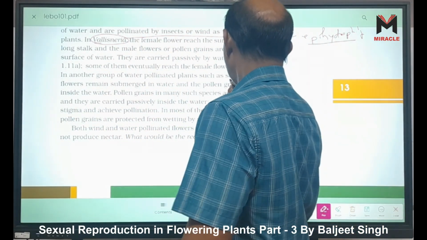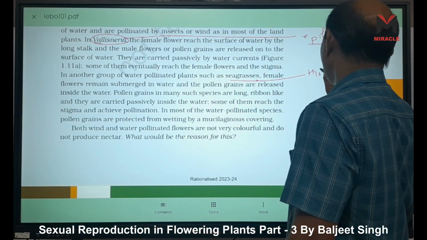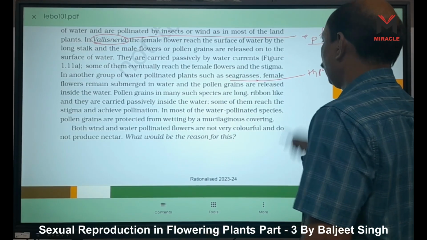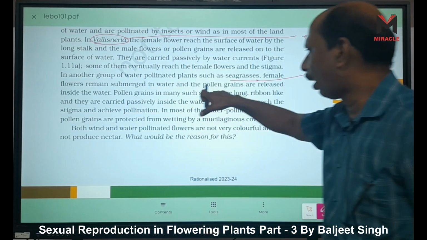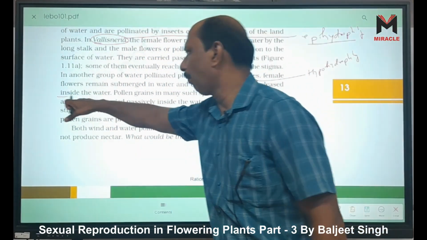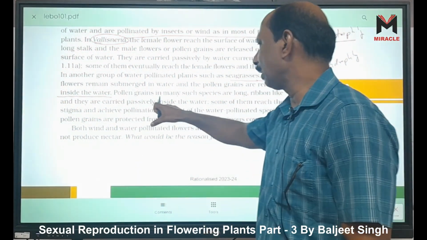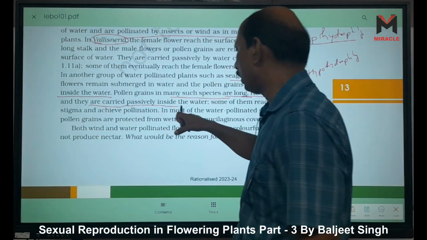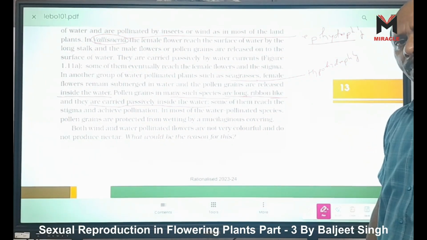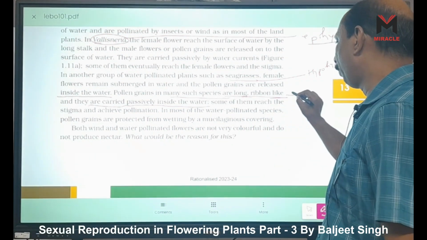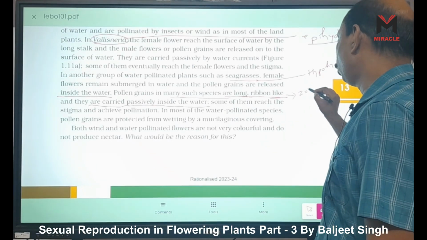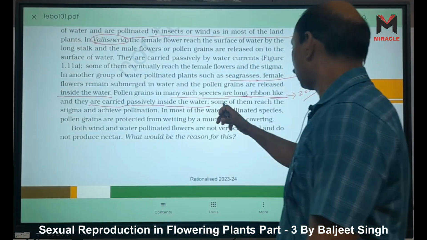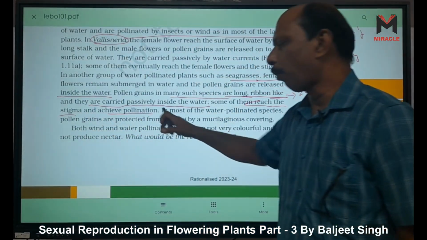But here, sea grasses means hypohydrophily: remains submerged in the water, and the pollen grains are released inside the water, not at the surface of water. Pollen grains in many such species are long and ribbon-like, and they are carried passively inside the water, right? As for example, the longest ribbon-like pollen grain belongs to Zostera, a marine seagrass. Some of them reach the stigma and achieve pollination.